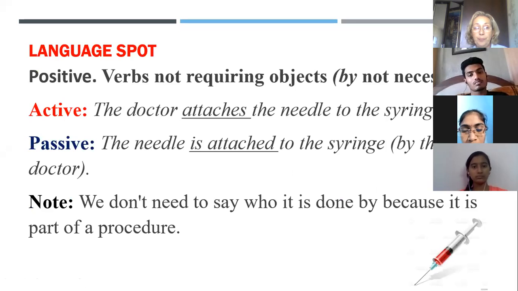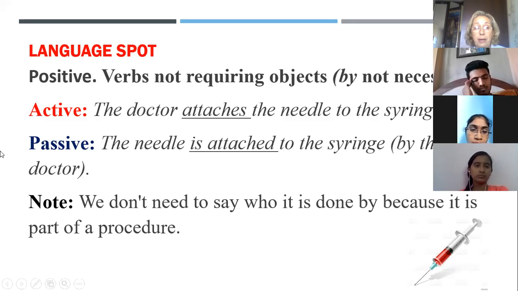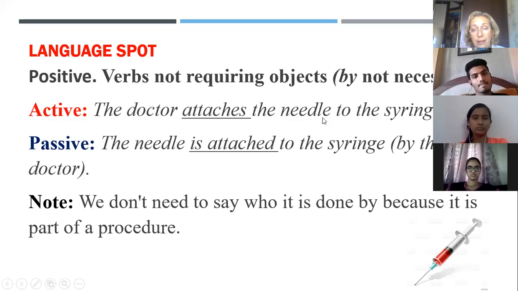Well, let us have a look at the information here. If we make up a positive sentence, we should remember that some verbs do not require objects. It means that we do not necessarily need by. Example with the active voice sentence: the doctor attaches the needle to the syringe. The doctor, the subject, does it himself or herself, attaches, active voice.